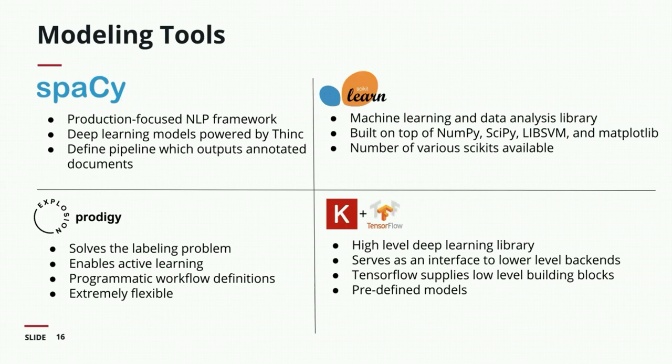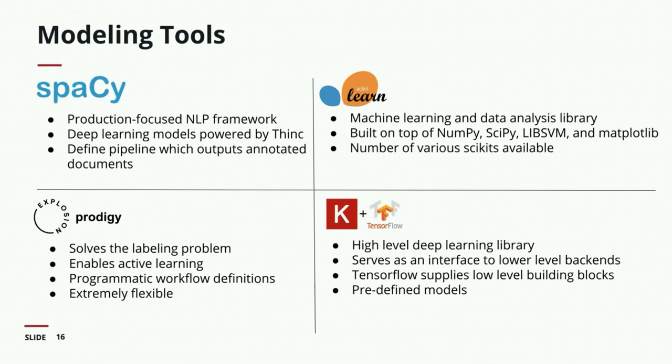What's also nice about sklearn is that there are a number of other sidekits available. One important one for us at ZeroFOX happens to be the scikit-image project. That's really useful for us because it deals with a lot of the more prominent computer vision learning algorithms that are out there.